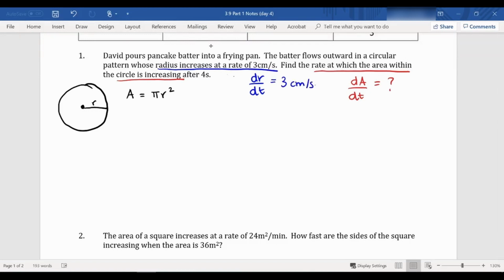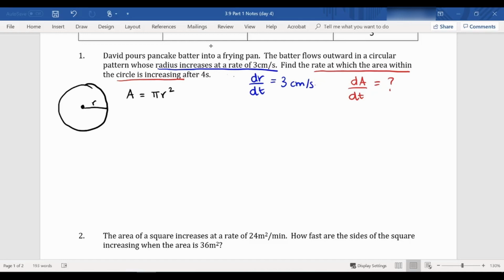So if we take a look at our area formula, we know that area depends on the radius. So there's going to be some sort of relationship between how fast the radius changes and how fast the area changes. But this does not necessarily mean that if the radius is changing at 3 centimeters per second, the area is as well. We want to find how fast the area is changing.